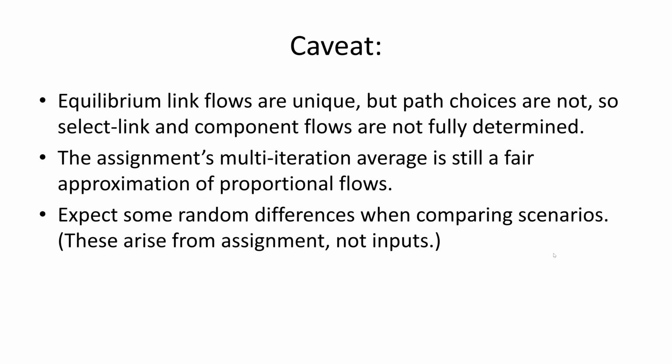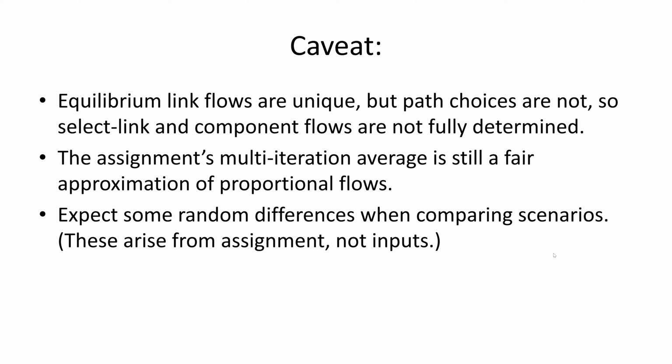Now, of course, we have a little caveat here, which is that the basic theory of traffic assignment equilibrium is that the link flows are unique, but path choices are not. And so the select link and the component flows are not fully determined. There's an infinite number of solutions that are possible, but there is such a thing as proportional flows, and there's research literature on that.